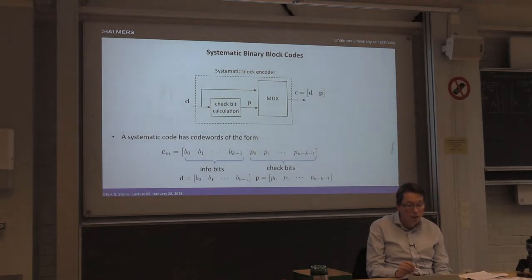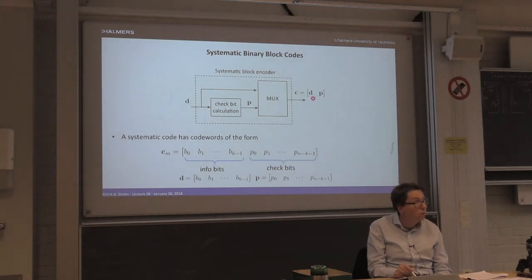A systematic code simply copies the information bits and puts them as the first bits in the code word. And then there are some check bits or parity bits following it. So a systematic code word has the following form: the m-th code word consists of the corresponding input bits, followed by some check bits.